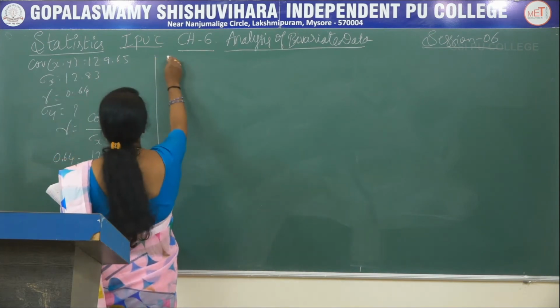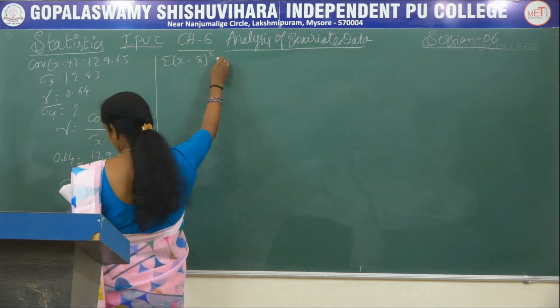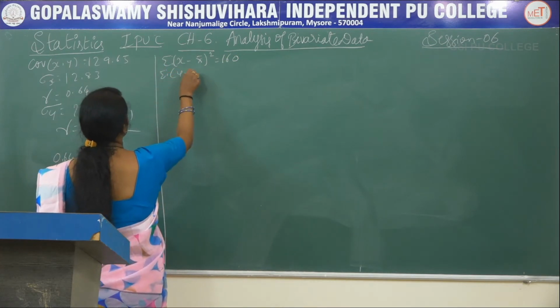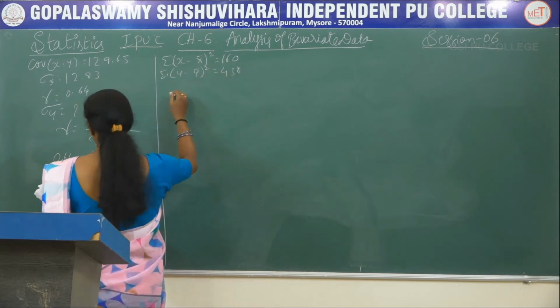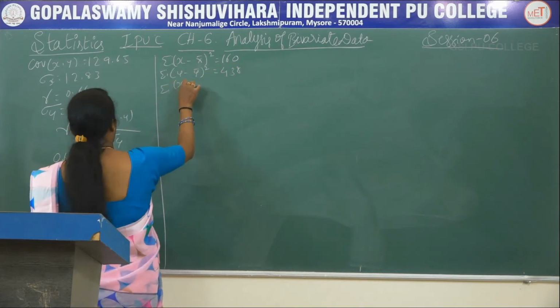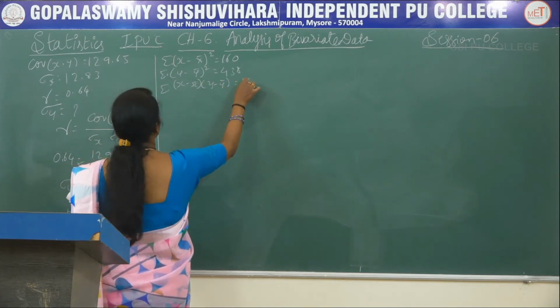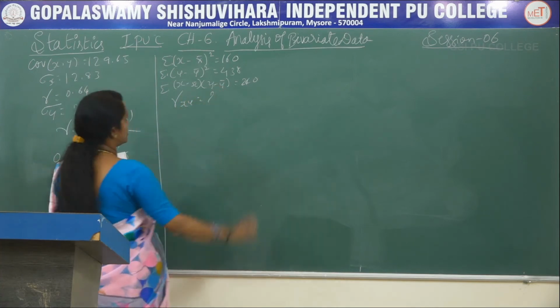Here they have given summation of x minus x bar whole square is equal to 160, summation of y minus y bar whole square 438, and summation of x minus x bar into y minus y bar is equal to 240. Find the correlation coefficient.